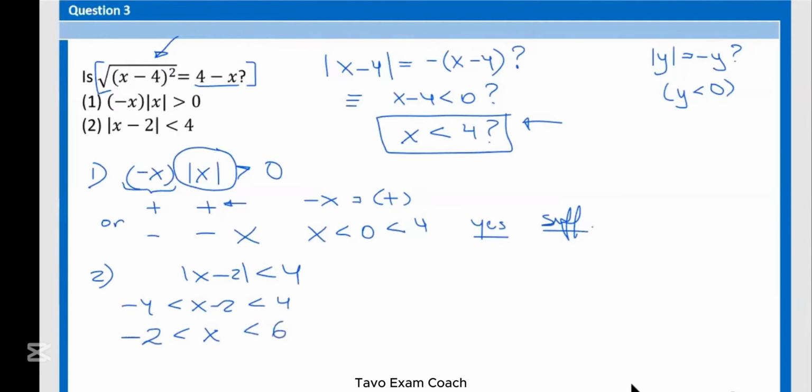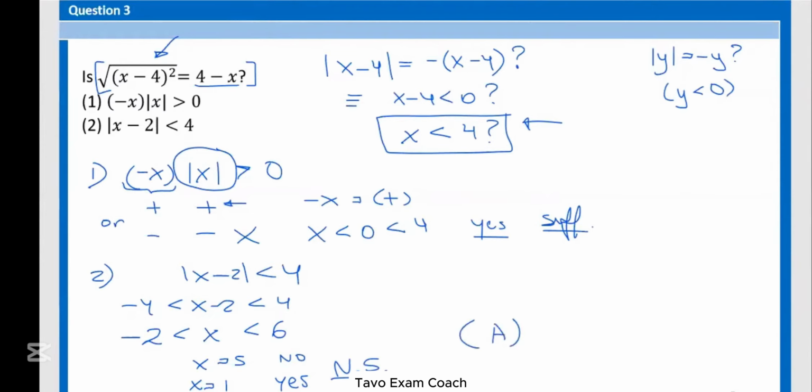But you know, not all numbers in this interval are less than 4. Example, if x equals 5, then the answer to the question is no. But if x equals 1, the answer to the question is yes. This is not sufficient. We have a double answer. So the correct answer choice would be A. And that's it.